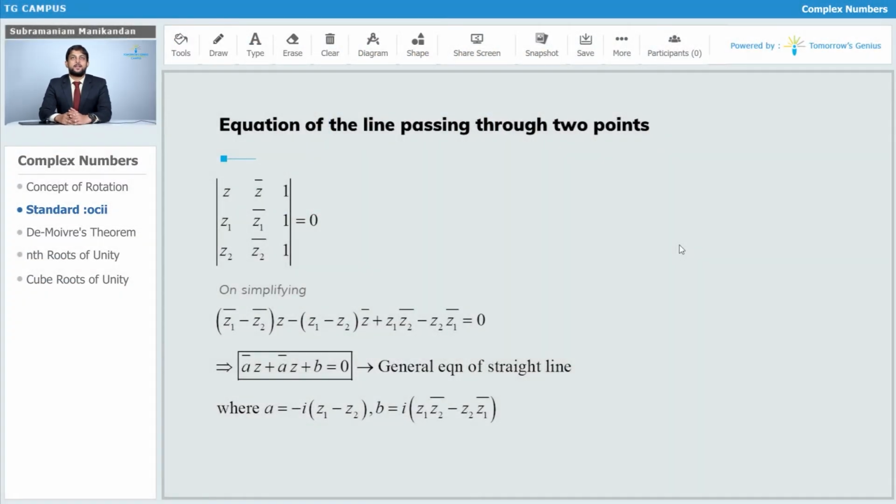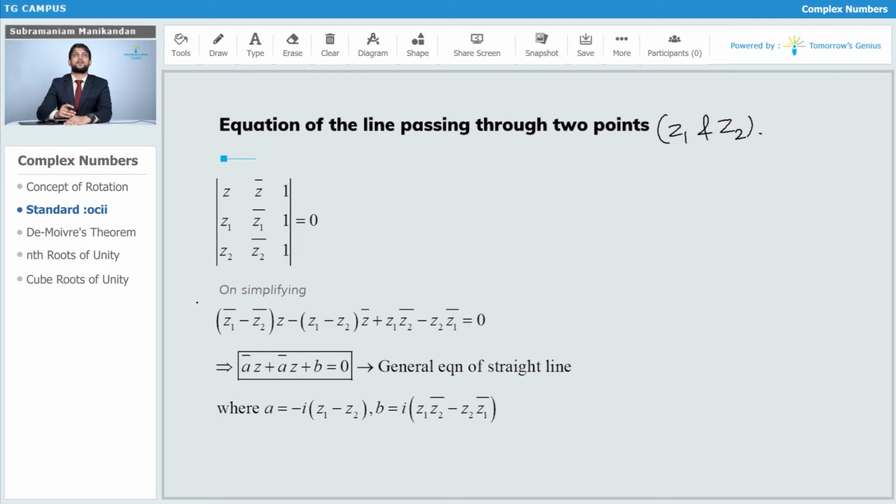Equation of the line passing through 2 points. Suppose we have a line which is passing through the points z1 and z2, then the equation of the line is given by this determinant, which has z bar, z, 1 on the first row, z1 bar, z1, 1 on the second row, z2 bar, z2, 1 on the third row, equal to 0.